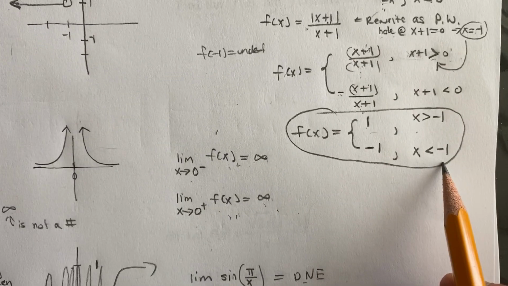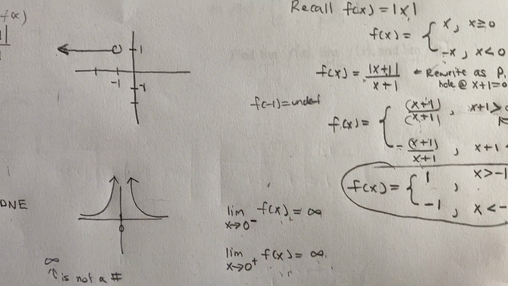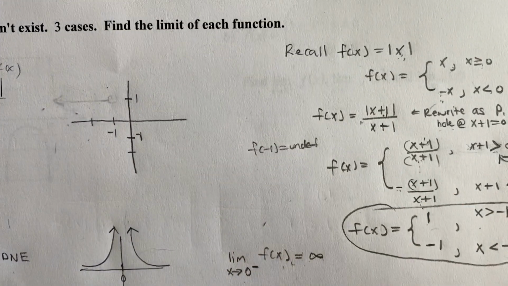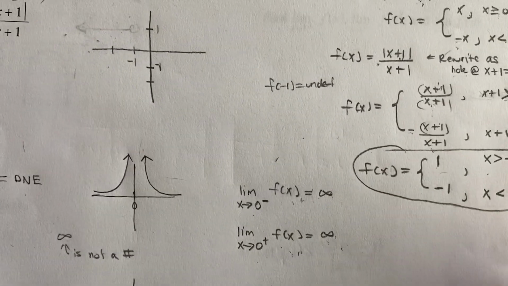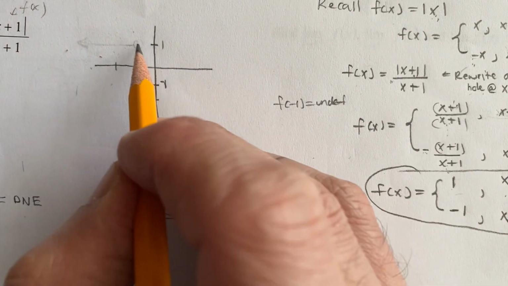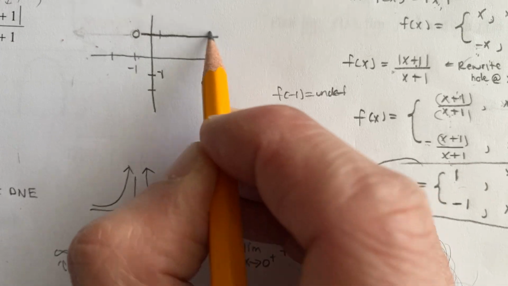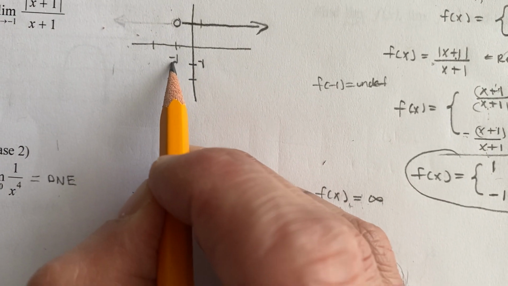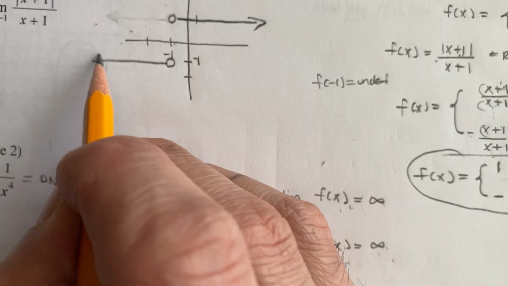Sorry, I think I graphed this wrong. For x greater than negative 1, it's positive 1. So greater than negative 1 is positive 1. And for x less than negative 1, it's negative 1. So the graph will look something like this.